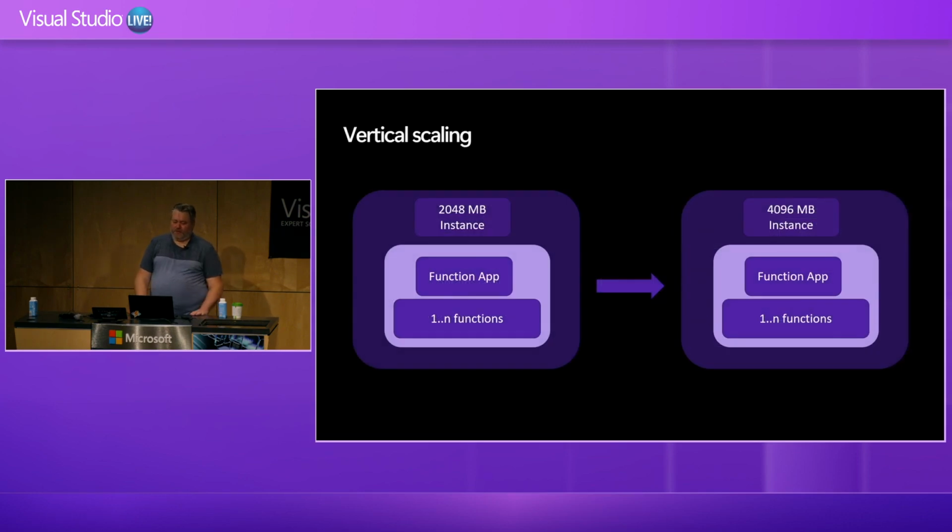All right, so probably a little obvious, but I have to call out that you can also scale up. Vertical scale is what the slide is saying, where you have, say, an app service plan on the standard tier that has 1 core and 4 gigs of memory.